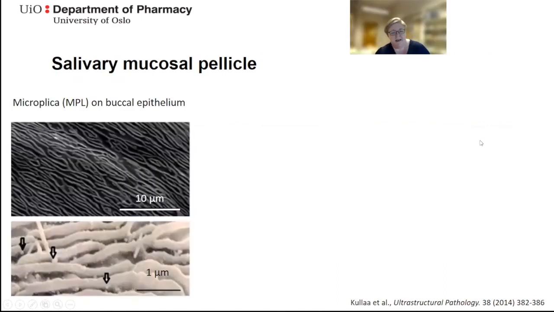When we look at the surface of the epithelium, there have been reports showing that there are structures on the epithelial surface called microplicae.